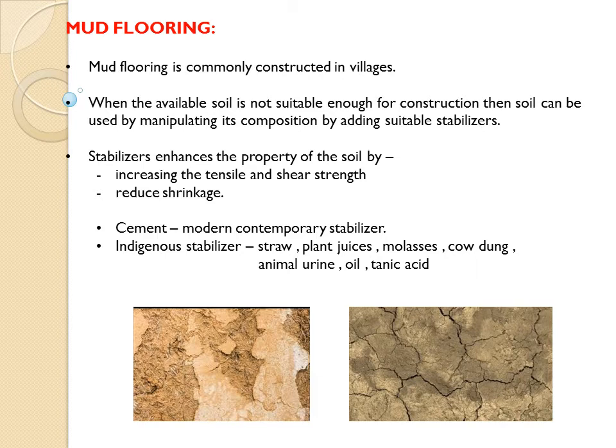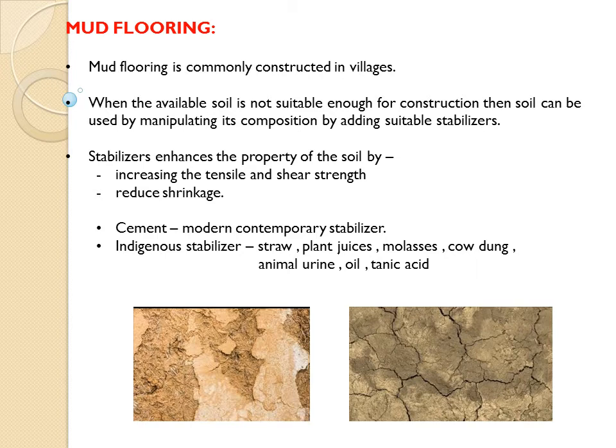Usually cement is a contemporary stabilizer because it gets added with different materials. But if you see in the villages where the soil was the basic stabilizer, then what the other materials were added to enhance the property in terms of flooring?